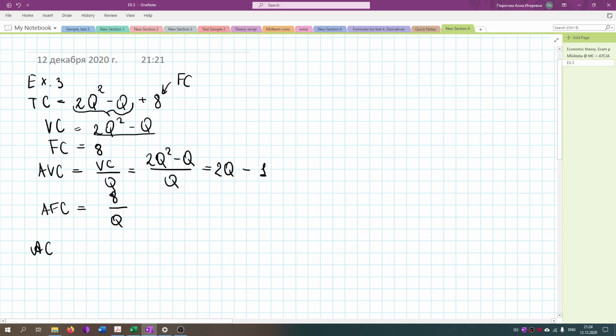Speaking about average cost, we can obtain it using two methods. Firstly, we can divide our total cost by q. So let's take our total cost function. It will be 2q squared minus q plus 8 divided by q, and we will receive 2q minus 1 plus 8 divided by q.